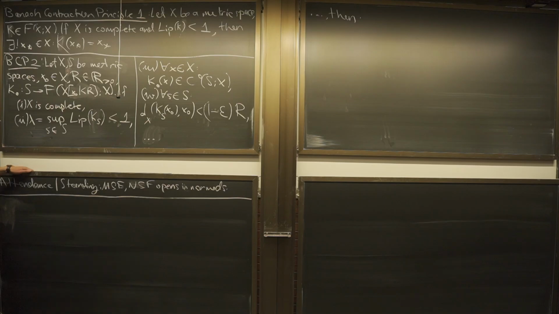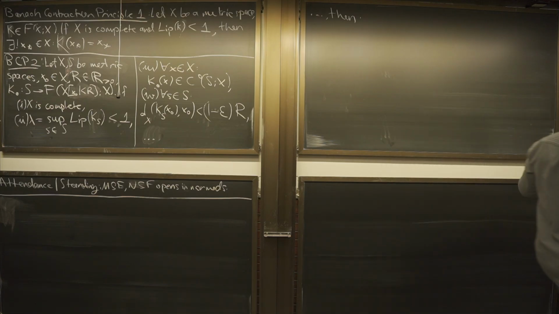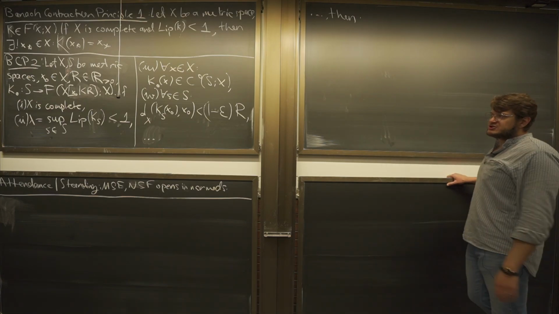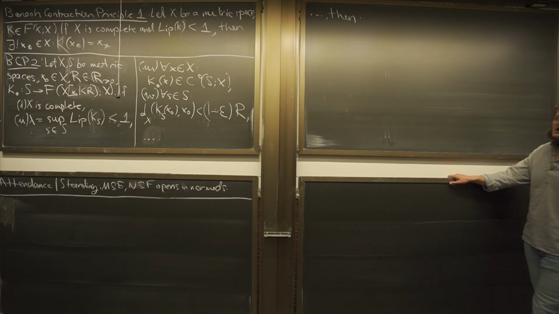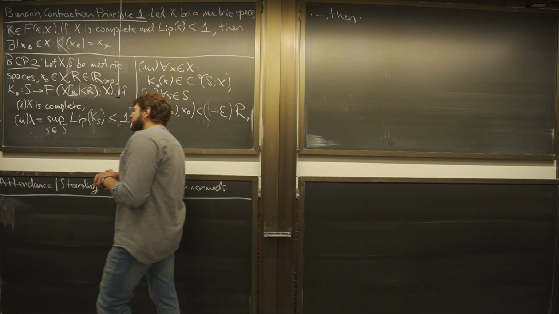So maybe even before restating the implicit function theorem, let me go over what this actually says, okay? Let's just focus on BCP1. Both BCP1 and BCP2 have nothing to do with differential calculus. And if you look at the schedule on the syllabus, I was hoping to cover these when we were discussing metric spaces, but I ended up sort of cutting it out because it wasn't necessary at the time.